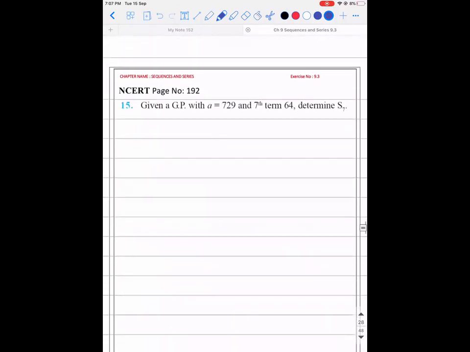So you can try the next problem. Given a GP with A as 729, 7th term as 64, determine S7. S7 is the sum of the 7 terms.